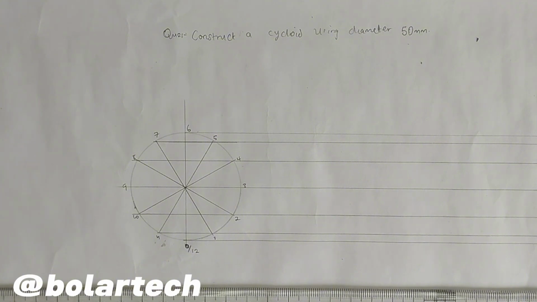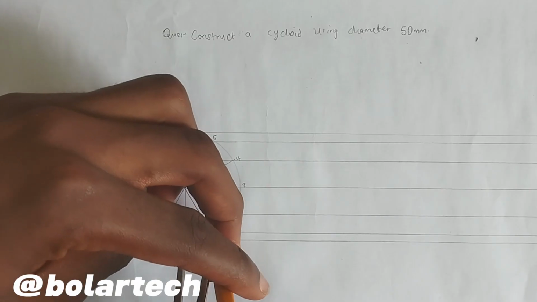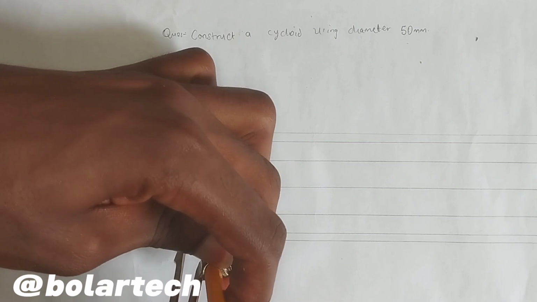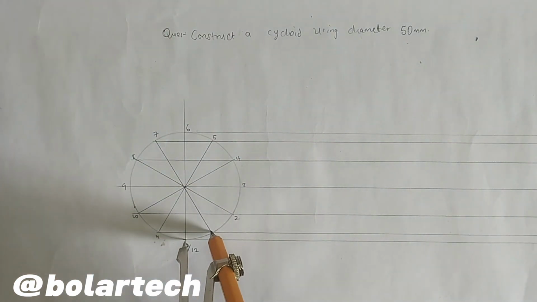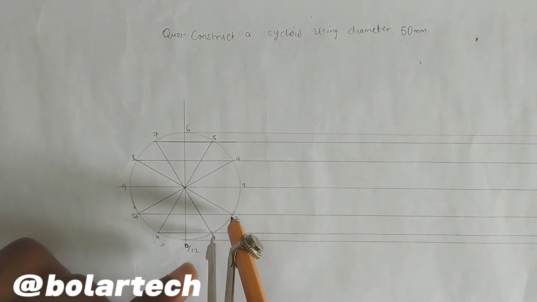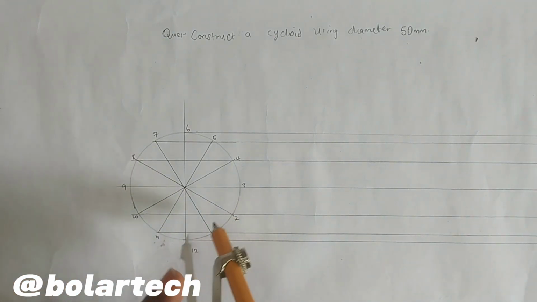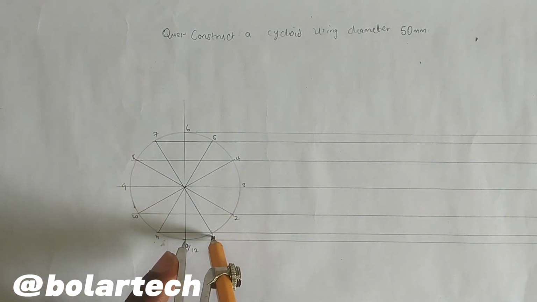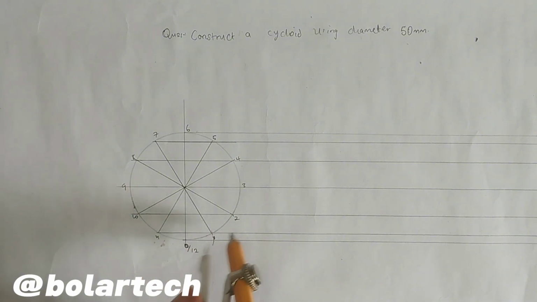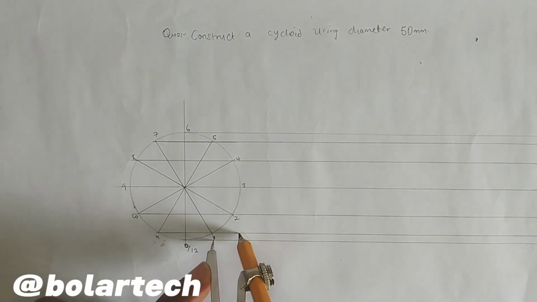We are now going to pick our compass using this length. Any of these lengths you would like to use, whether 0 and 1 or 11 and 12, all are equal. You place it at this place, pick your points. You are going to be picking 12 points.